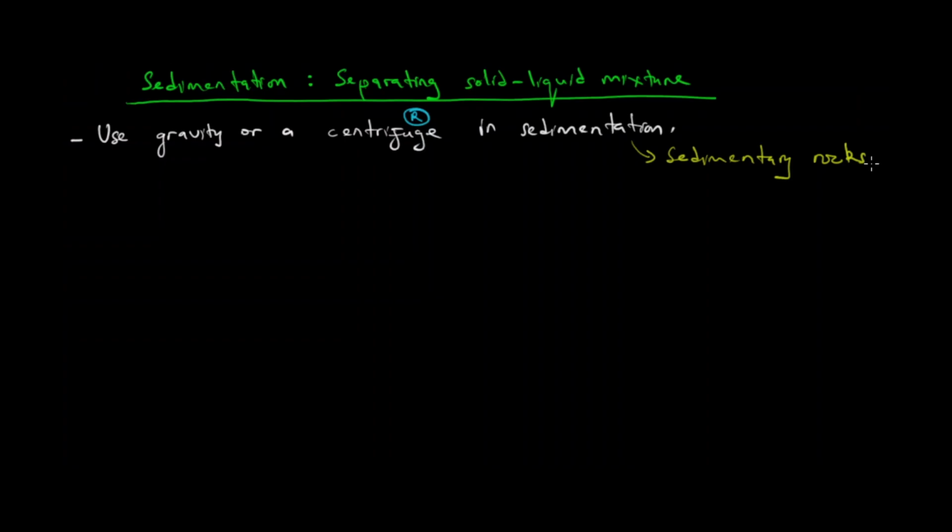So gravity or a centrifuge are used in sedimentation to separate mixture components according to density. So we use gravity or a centrifuge in sedimentation to do what?